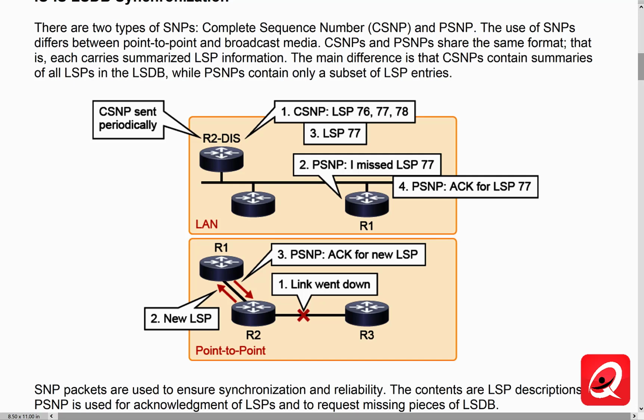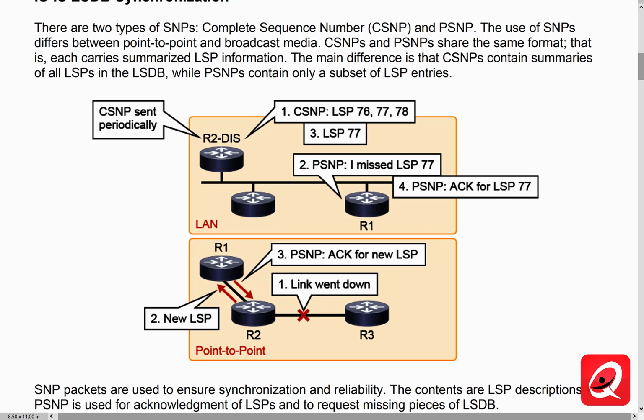I mentioned when we started to talk about the DIS in detail that the CSNP is used periodically by the DIS on the network to make sure that the link state database is accurate, and on a point-to-point link when the link comes up. We do send separate CSNPs and PSNPs for level 1 and level 2 based on those adjacencies.